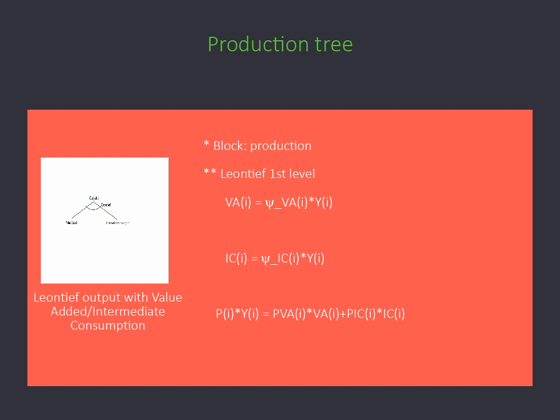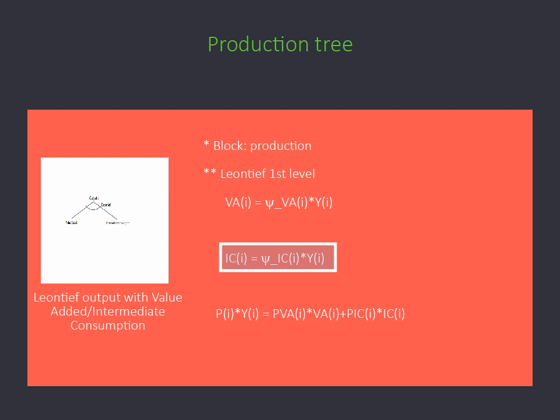And so this Leontief relation will be translated into three equations. First, a proportional relation between value added VA in sector I and output level Y in sector I. And the coefficient is called psi underscore VA.